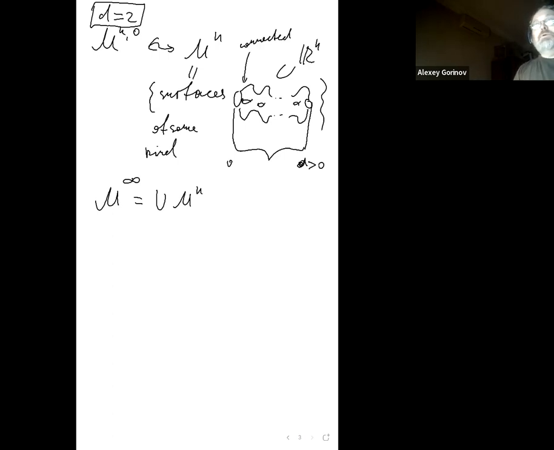The genus could be arbitrary, and we take the limit as n goes to infinity, and we get something. I'll call this something M_∞. M_∞ is a monoid, and again, a topological monoid.